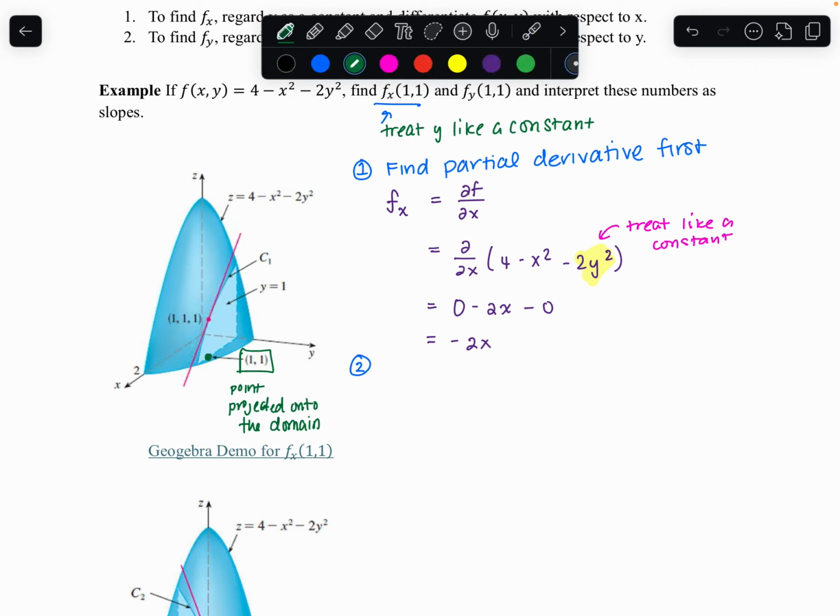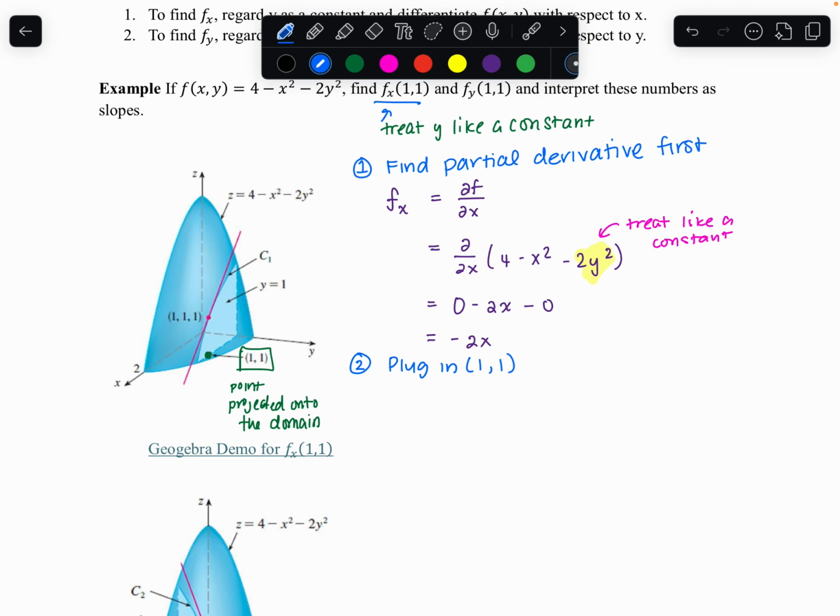So in part 2, to find the slope of that line, we are going to plug in that point 1, 1. We don't need to plug anything in for z, right? Because that's our output. We're going to figure out what is happening to z. So how we write it in notation is the partial derivative evaluated at the point 1, 1. That's how we say that in words.